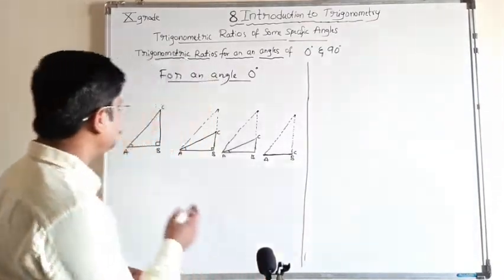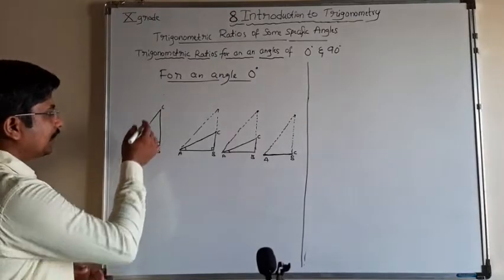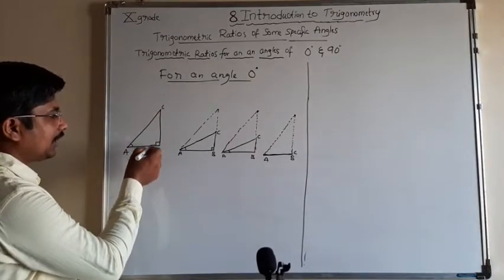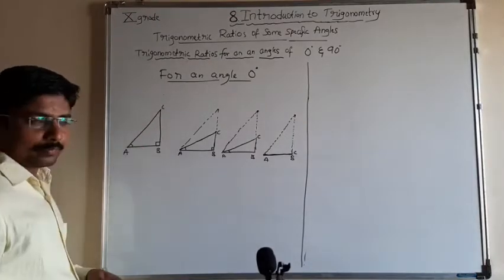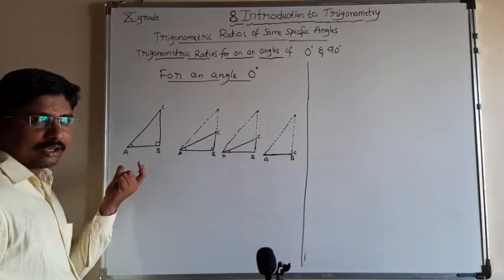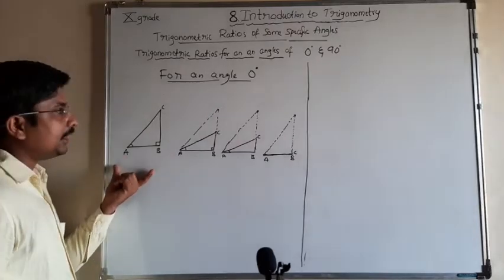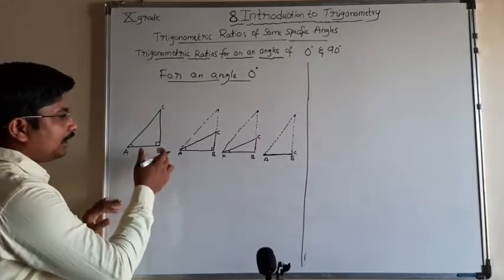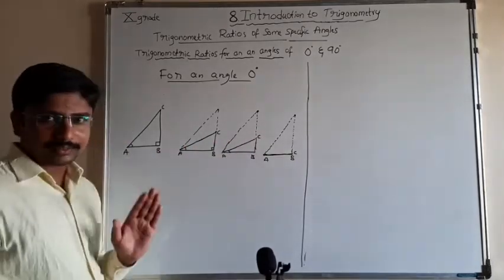See here, I will consider right angle triangle ABC, right angled at B, with angle A as the angle of reference. Here I have drawn 3 more triangles.